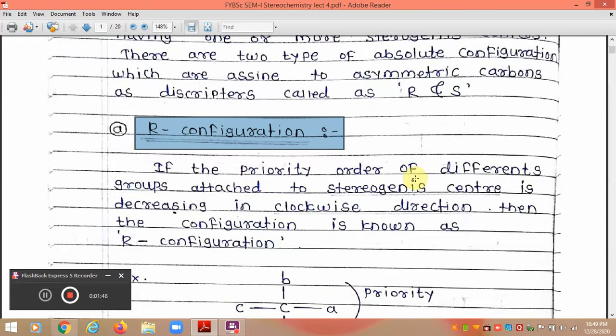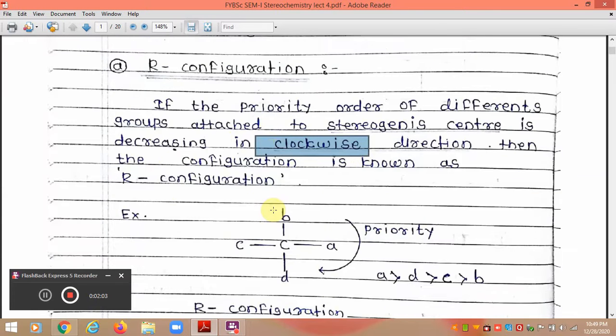When the priority order of the different groups attached to the asymmetric carbon, or the stereogenic center, is decreasing in clockwise direction, then the configuration is known as R configuration.